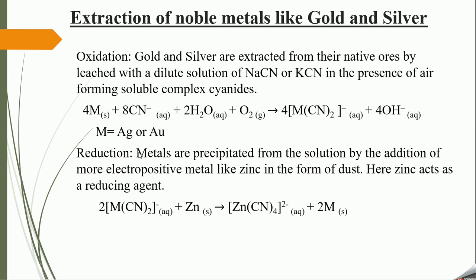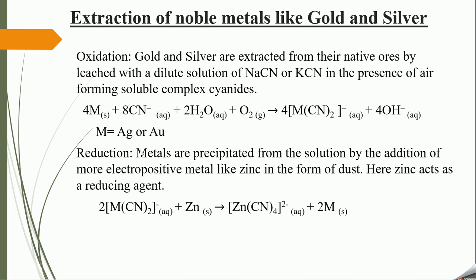Then extraction of copper from low-grade ores by hydrometallurgy. Then you studied the oxidation reduction method, that is hydrometallurgy. There you studied two examples, extraction of chlorine and extraction of gold and silver.